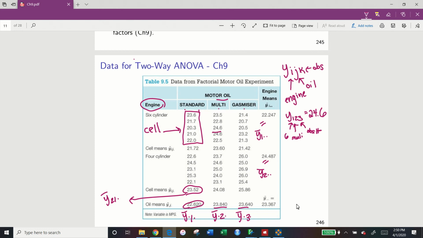And then our overall grand mean is y dot dot dot bar. And again, that's our grand mean or our overall mean.